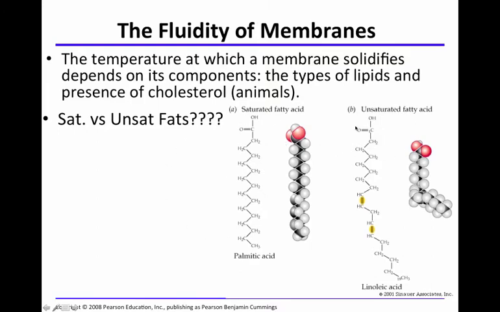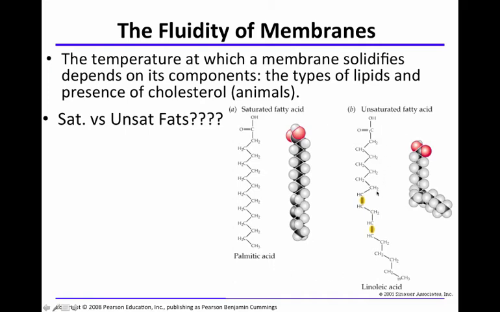If you had a membrane composed only of unsaturated fats, it would be extremely fluid because there are kinks here. The double bonds form these kinks in the fatty acid tails, so they cannot stack on each other. Saturated fats, think of lard.